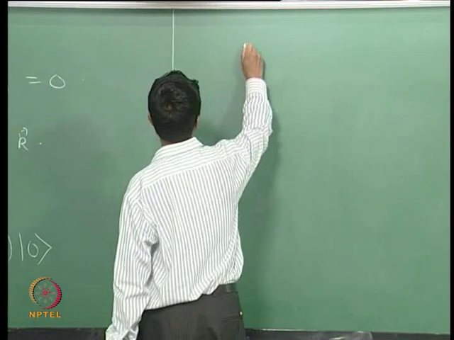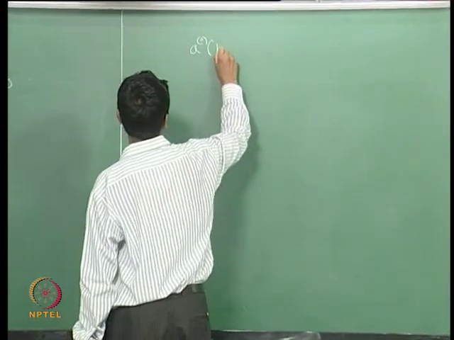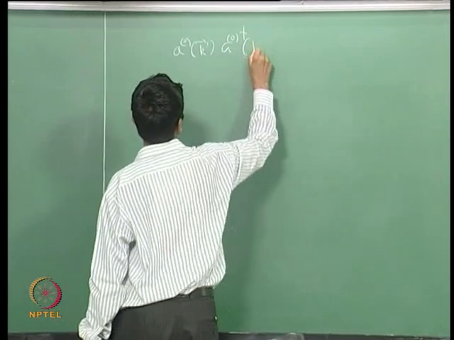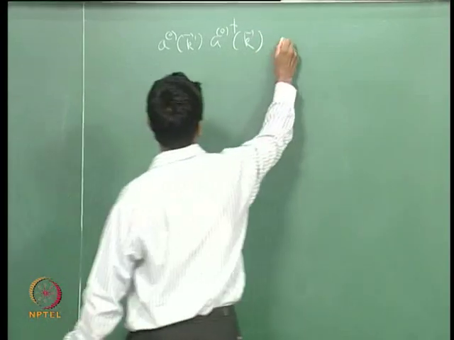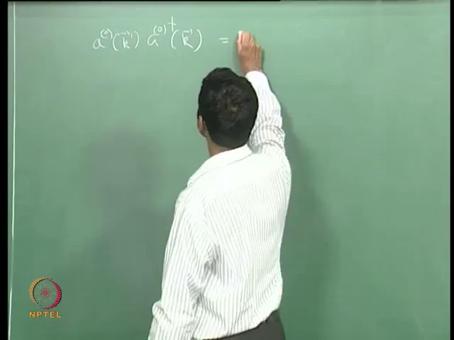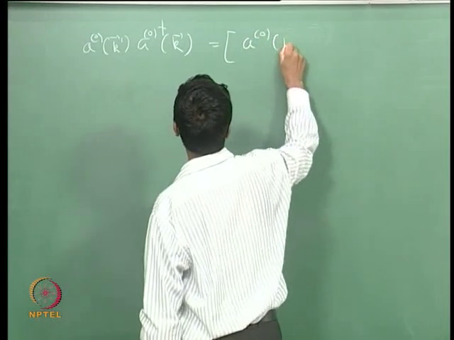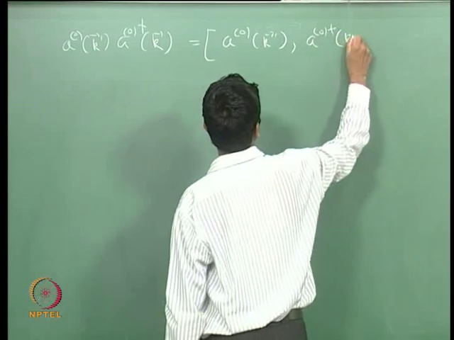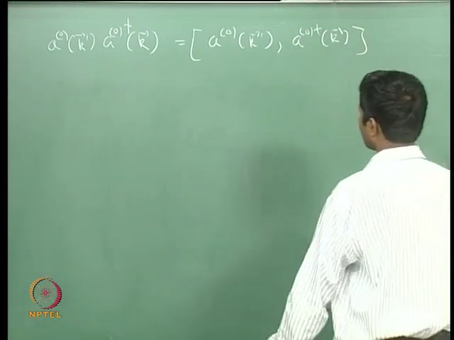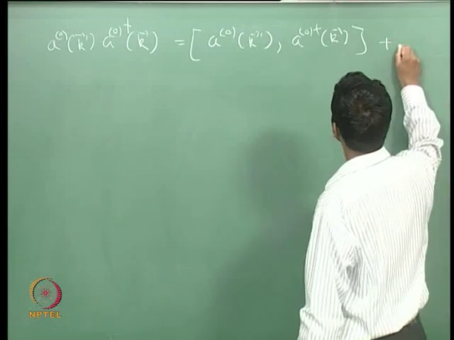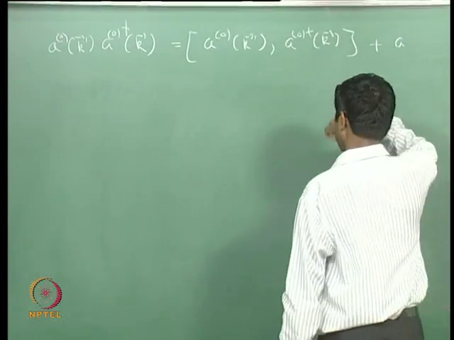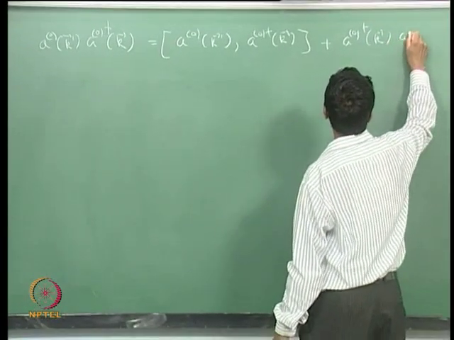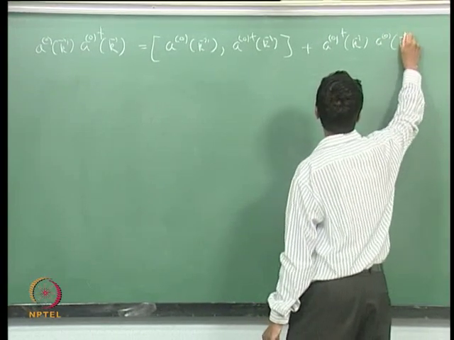A 0 k prime A 0 dagger of k is basically the commutator of A 0 k prime, A 0 dagger of k, plus A 0 dagger of k A 0 of k prime.